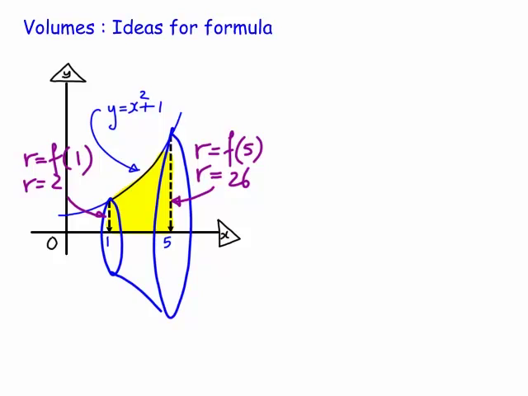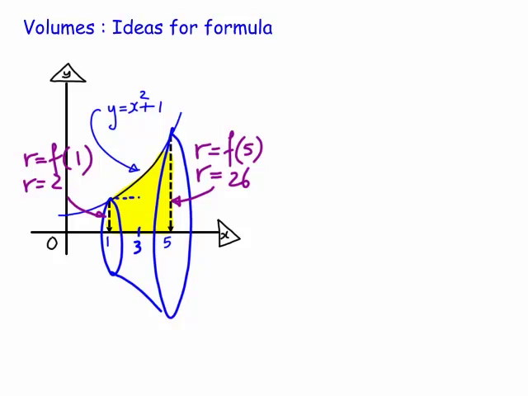Now let's first of all try to estimate how we would find the volume of this. Let's do a bit of an estimation. Let's look at a point here, 3, 2 units away from 1 and 5, and let's draw some cylinders.